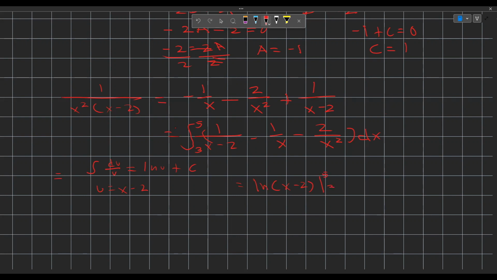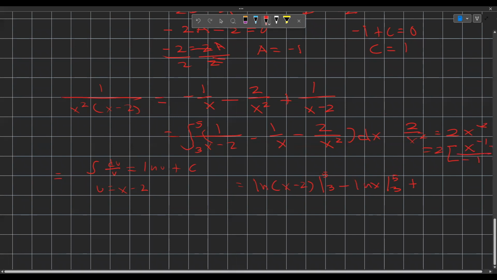from 5 to 3, minus ln, our u for the second term is x, ln x, from 5 to 3, plus this one, 2 over x squared, is equal to 2 x to the negative 2, which means that when we integrate it, it will become 2 times x to the negative 1 over negative 1.